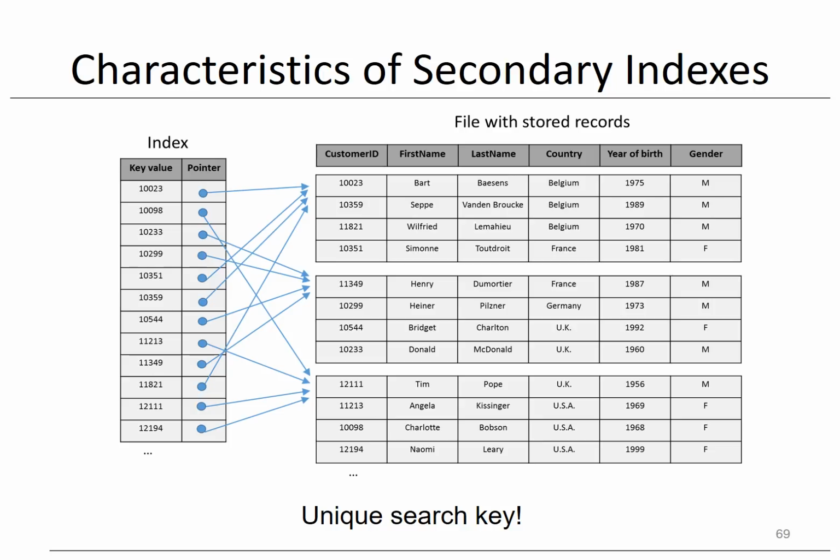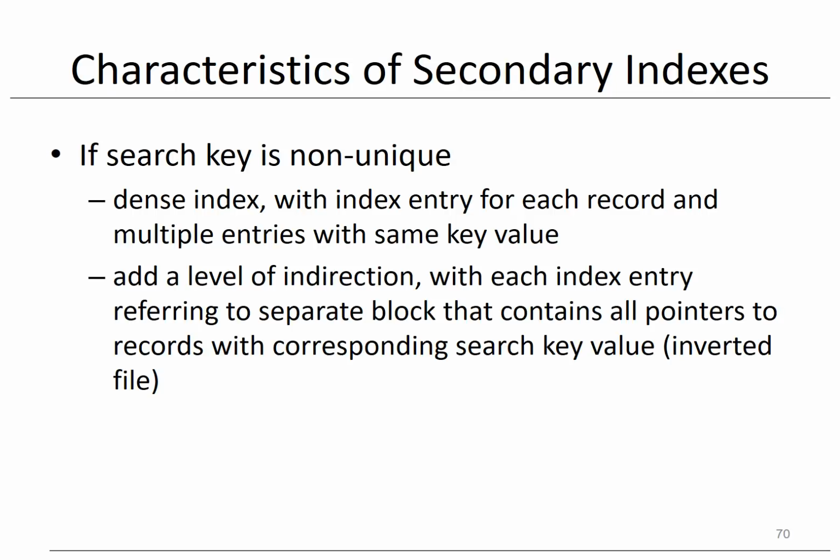Here you can see an example of a secondary index on a unique search key. If the search key is non-unique, multiple records correspond to a particular key value. In that case, there are several possibilities.